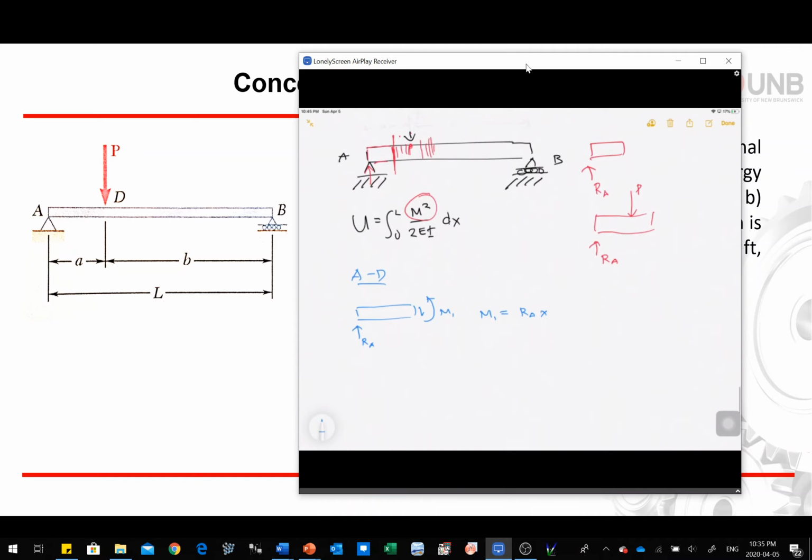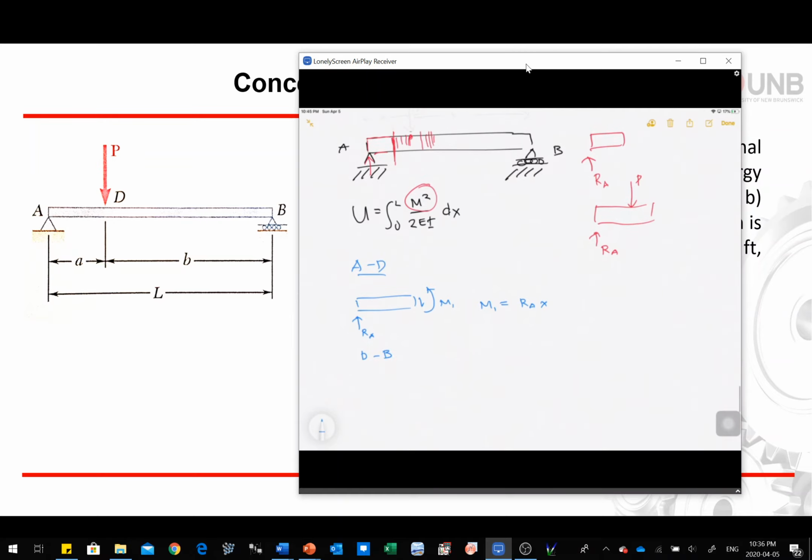Now for your section DB, so we have this guy right here.